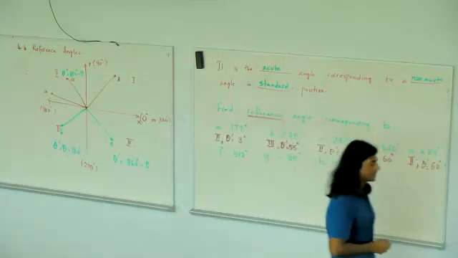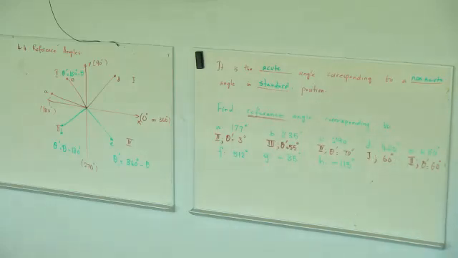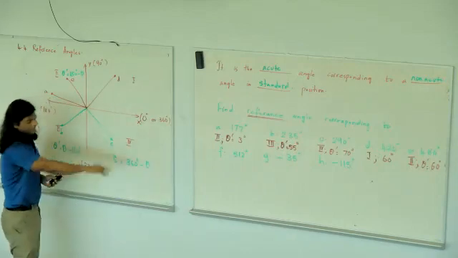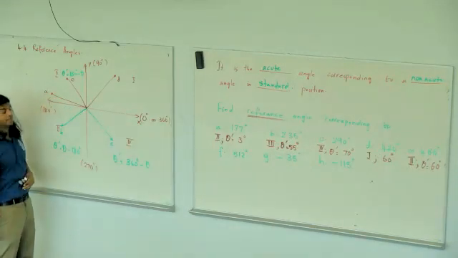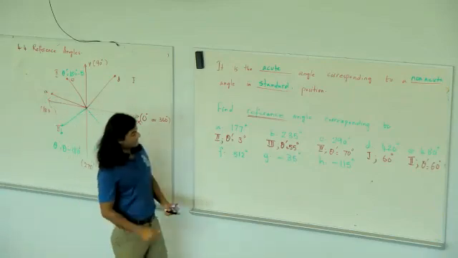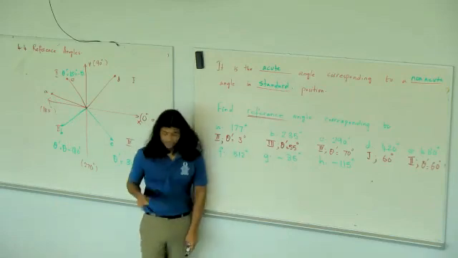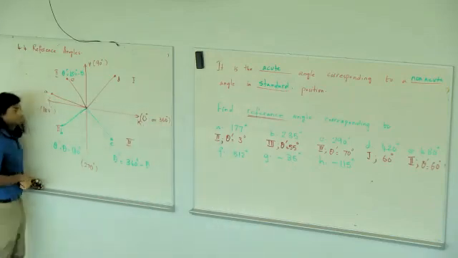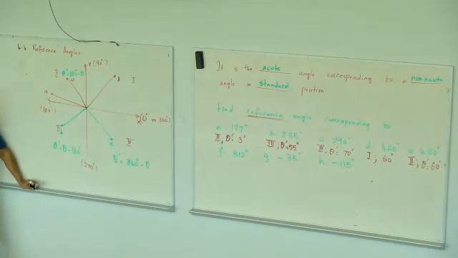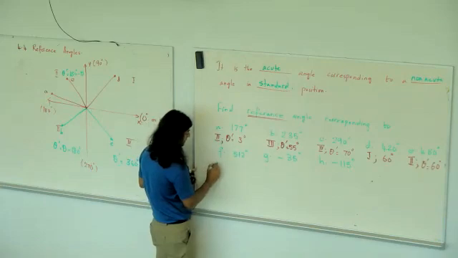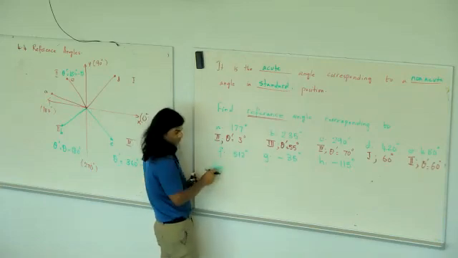512, I want you to give it a try. Okay, so next case, 512. Definitely, you have to complete a revolution first. After a full revolution, what would it be? 152.